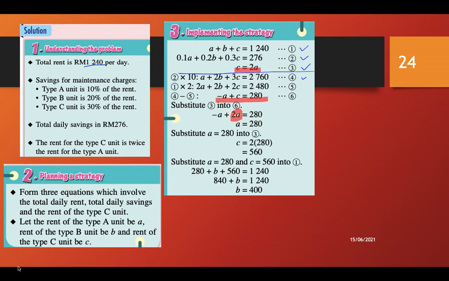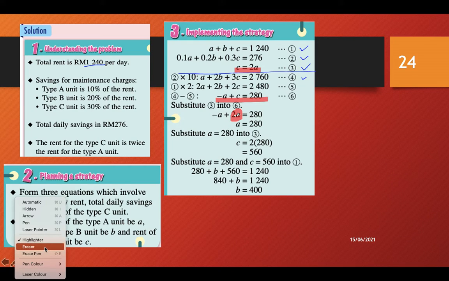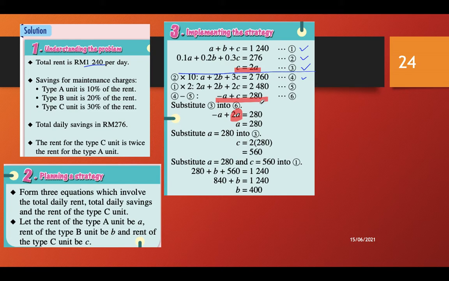Lepas dapat A, dia substitute into 3. Okay, A into 3. So C equals to 2A. So dapat C. Then dapat A dan C is substitute into number 1. Use the first equation, A plus B plus C equals to 1240.